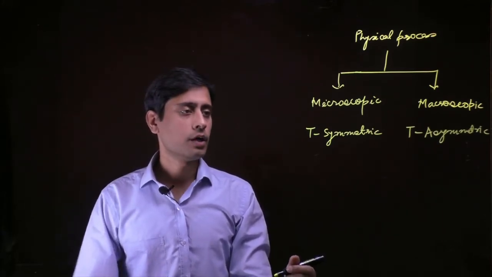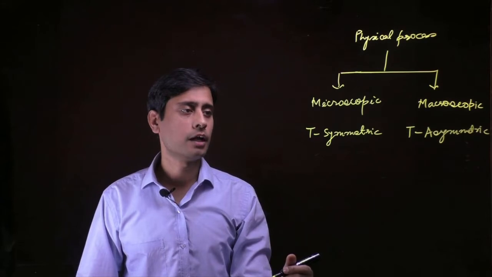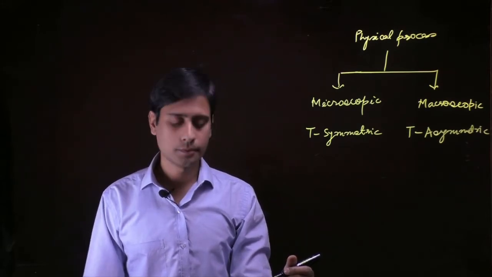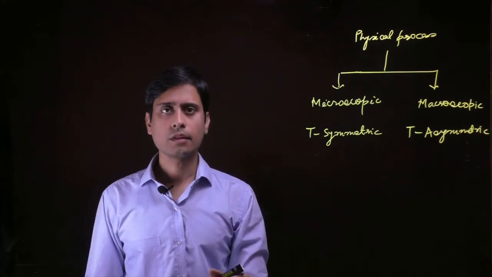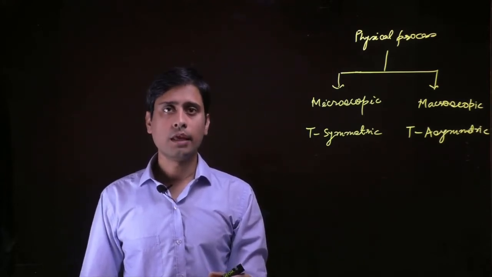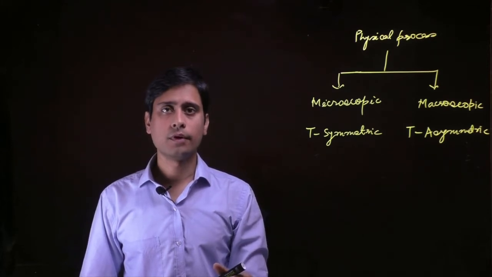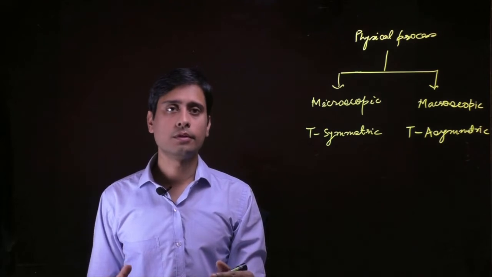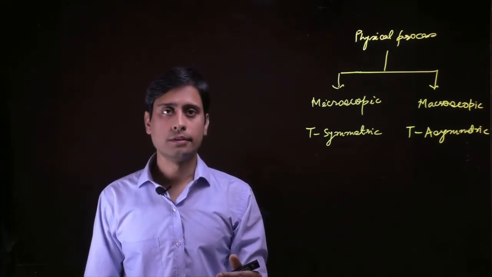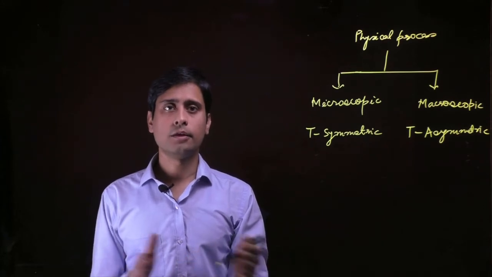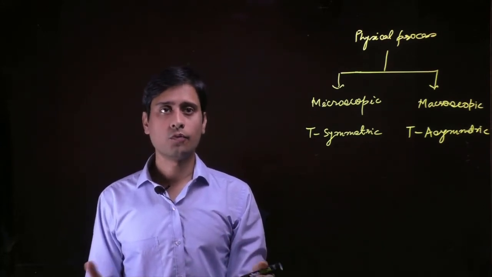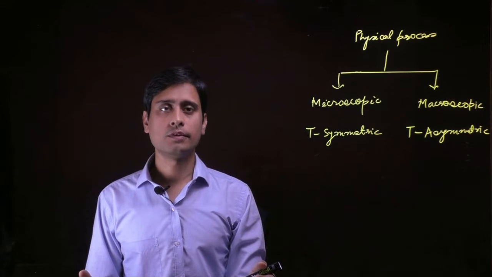So, what do we mean by a process being time symmetric or time asymmetric? Let's study this. In the simplest manner, we can say that if we make a video film of a process happening and play the video in forward and backward direction, then there will be no difference between playing it forward and backward.